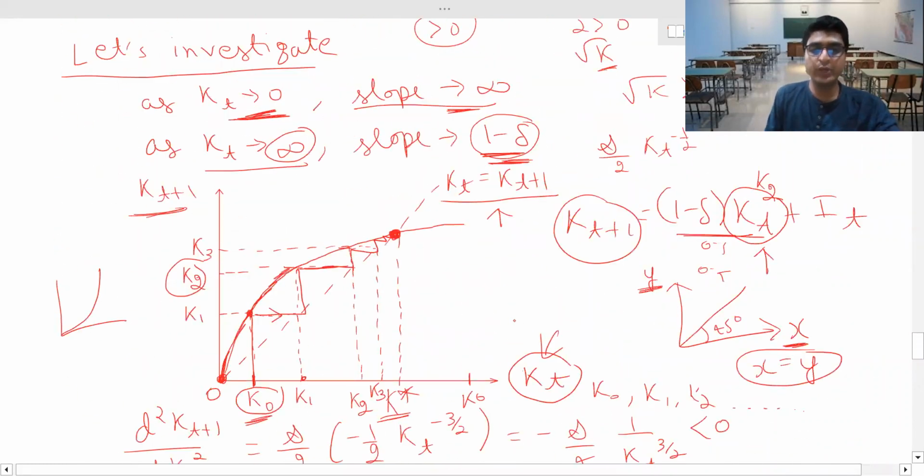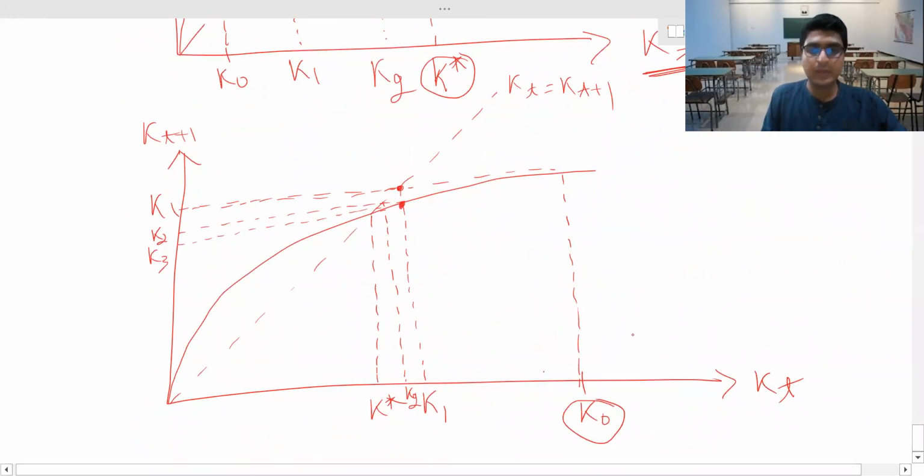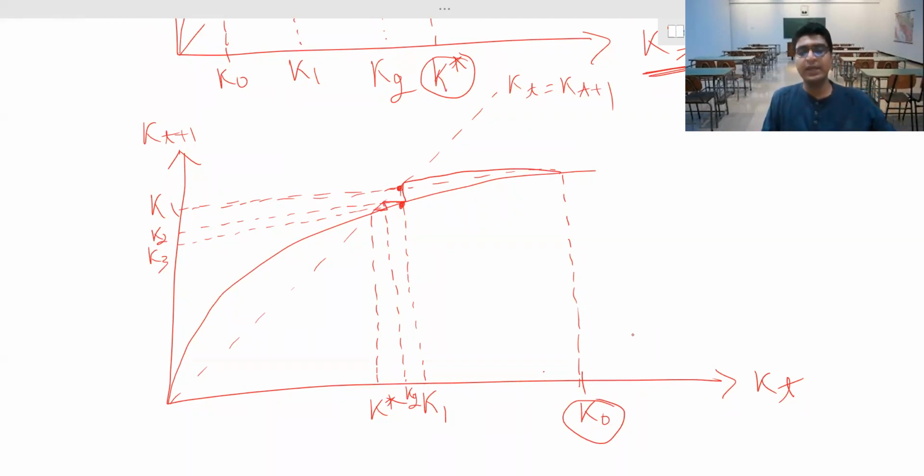तो अगर राइट से शुरू करोगे तो सिचुएशन will be something like this. ऐसे ऐसे ऐसे. Now you are moving towards, मतलब अगर आप लेफ्ट से स्टार्ट करोगे then you are moving towards k star from the left. If you are starting from the right side then you are moving towards k star from the right side.